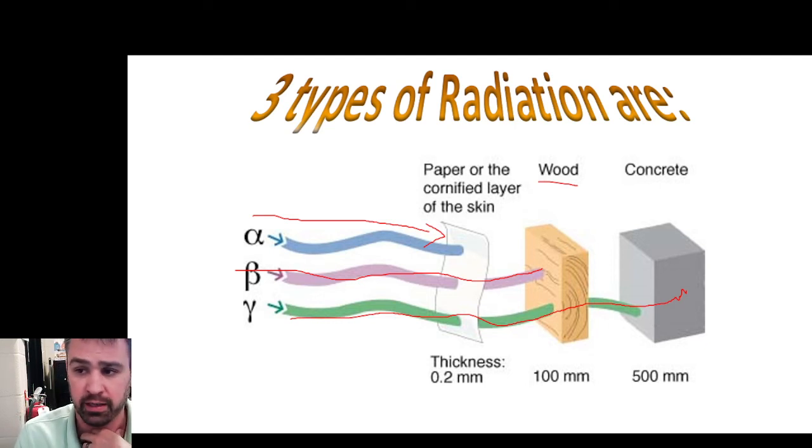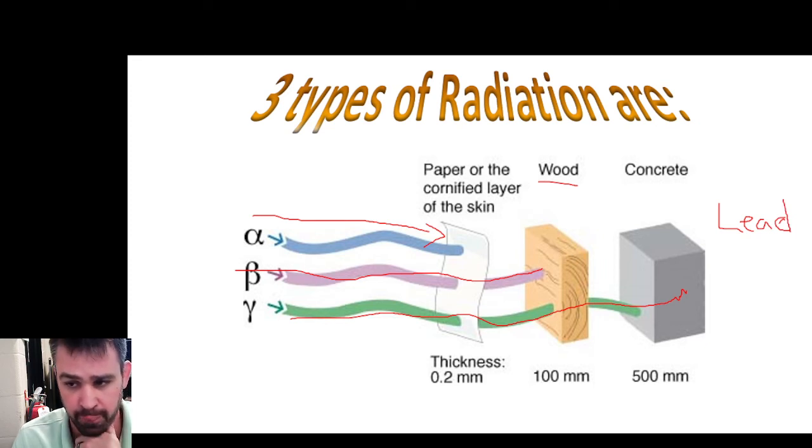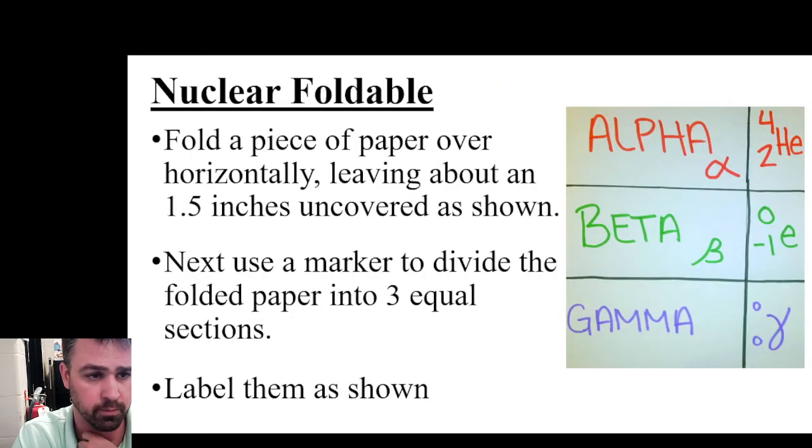That's why when you take X-rays, you wear a lead vest or a lead covering, because the gamma radiation coming from X-rays can't penetrate that. So that's the penetrating power of each one and how dangerous they can be. Beta can be somewhat dangerous depending on how much you're exposed. Gamma is very dangerous, especially with long exposure.